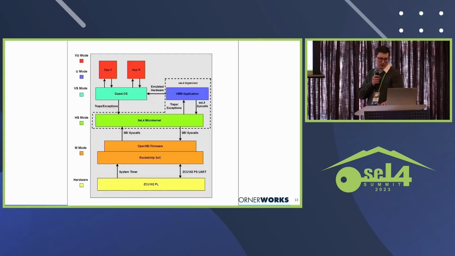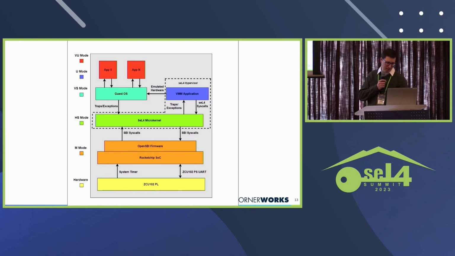And then our development journey. We found it helpful to describe what the architecture looks like based on those privilege modes, and show what all our interfaces are and what's running where. Obviously you have the PL on the ZCU102 at the bottom, which is the hardware, and that's where the Rocket Chip is running.